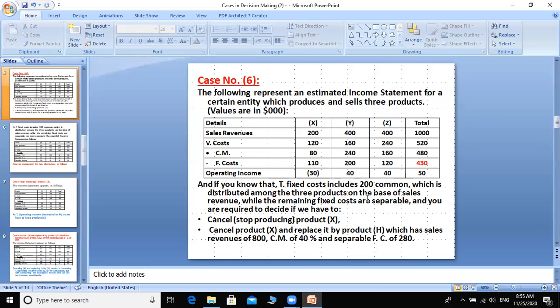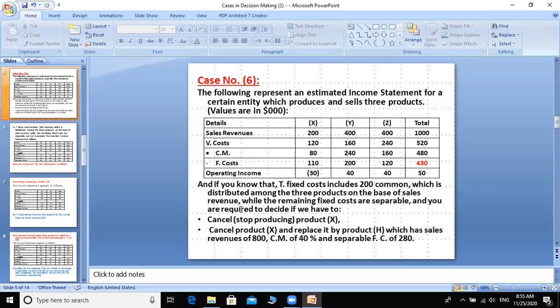So each product has its separable fixed cost, but there is 200 fixed cost distributed on the 3 products. The 200 common is distributed among the 3 products according to the sales base. So the 200 are distributed as 2 to 4 to 4, 1 to 2 to 2. The 200 to be divided by 1,000, then multiplied by 200, 400, 400.